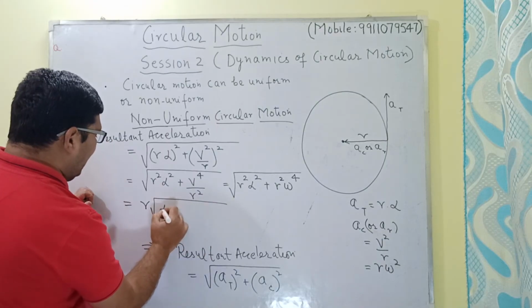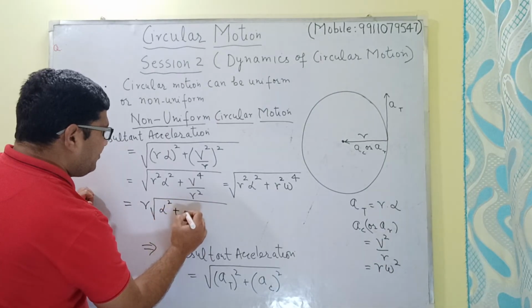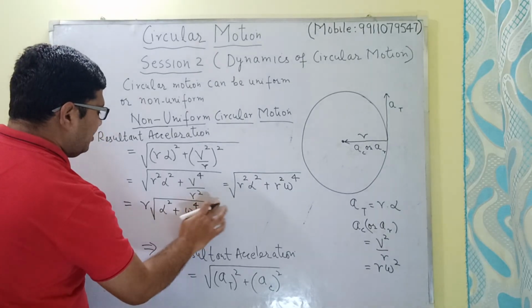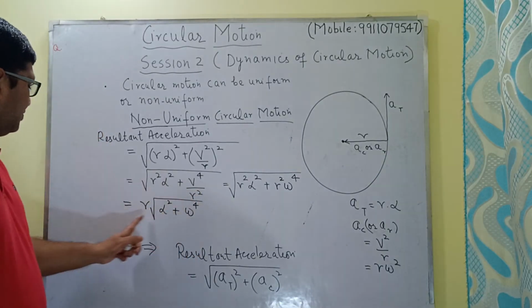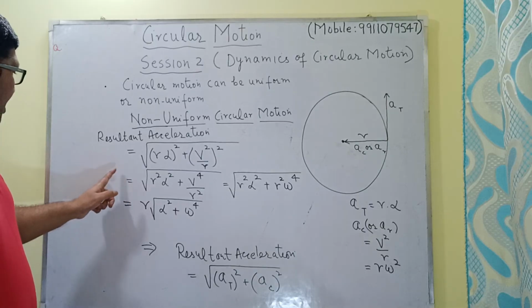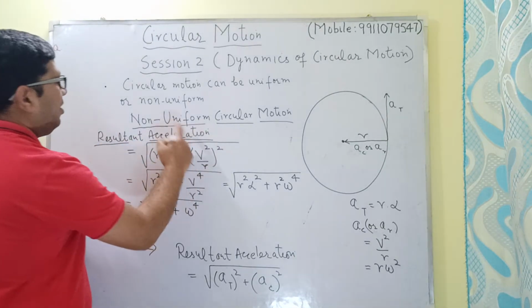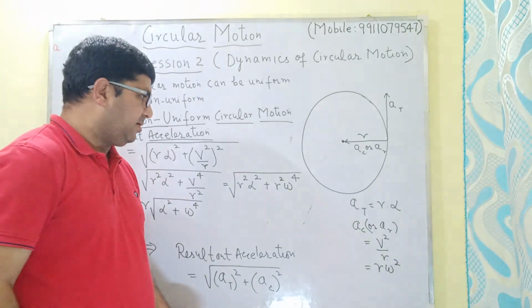I get the resultant acceleration as R into under root of alpha square plus omega to the power 4. So this is the resultant acceleration in case of a non-uniform circular motion.